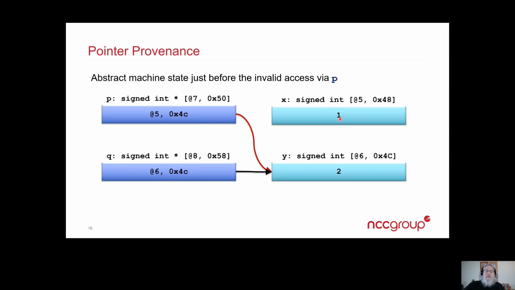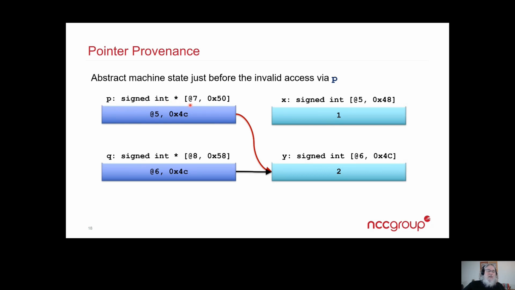You can see that X has a value. It's initialized to the value 1. Similarly, we have object Y, which is also a signed int. It's given another unique ID, which is 6 in this case, and it's got its own unique address. It's been initialized to the value 2. Then we declare pointer P, which is a signed int pointer.